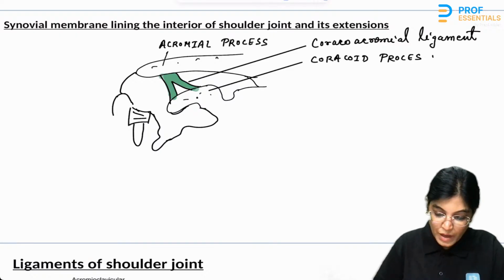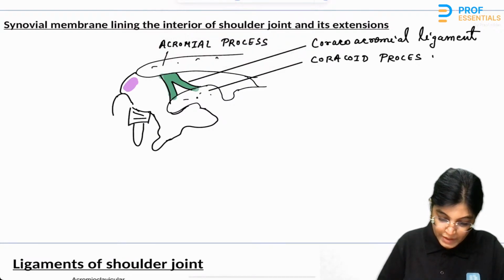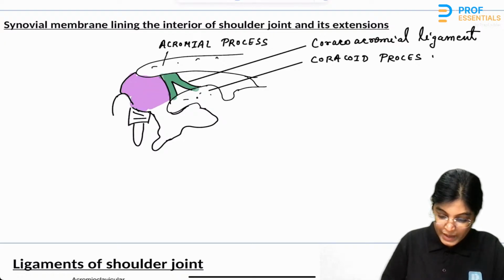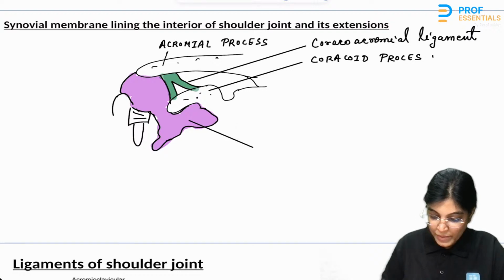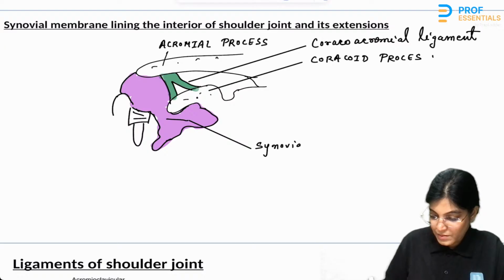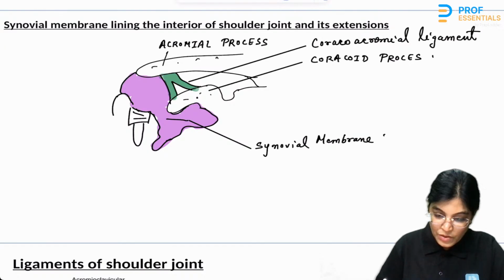So I will use this violet color for the synovial membrane. This is the whole of the synovial membrane cavity extension. So this is exactly what I have made, the synovial membrane, lining the inner aspect of the fibrous capsule, having communication with the, what is this?